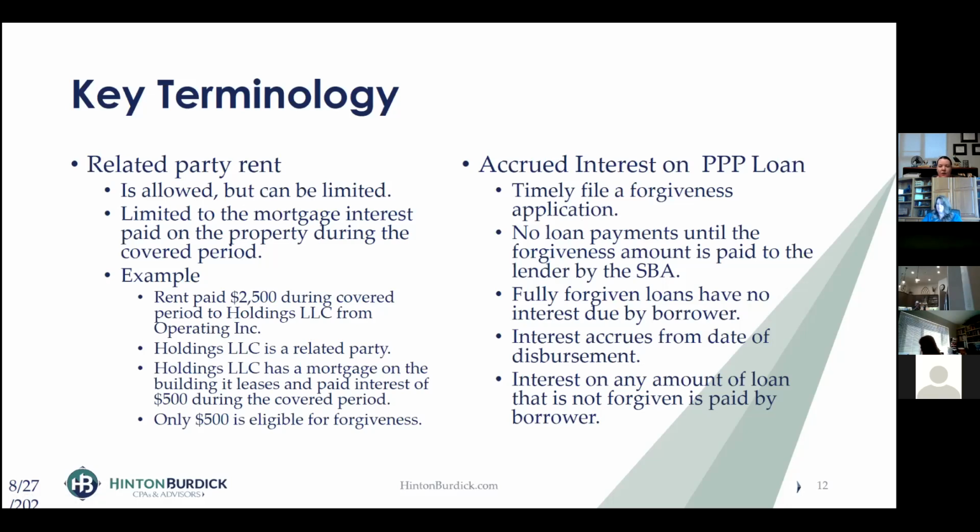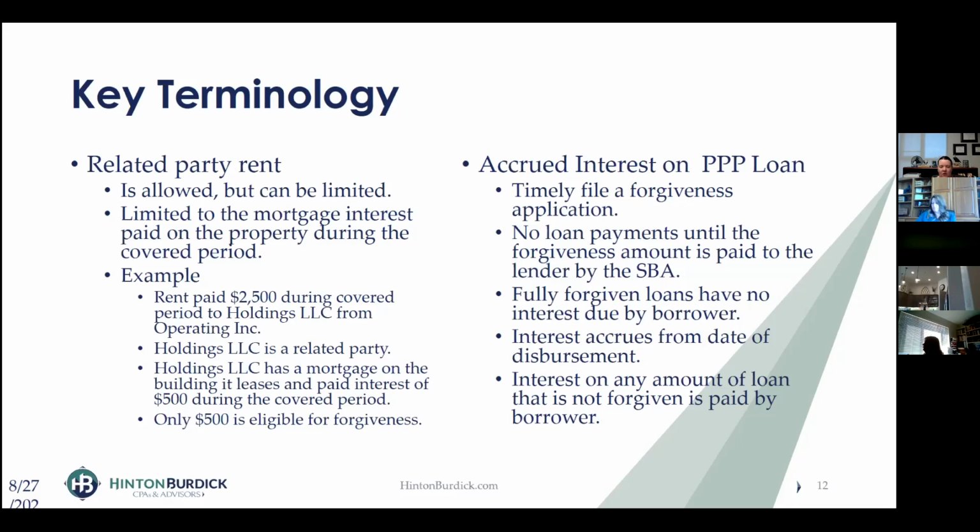The lenders will not be requiring any loan payments until the SBA has actually approved or denied your forgiveness and actually paid off the portion that is forgiven. So if I got a $200,000 PPP loan on April 10th, and only $100,000 of that is going to be forgiven, the SBA pays that $100,000 on September 10th.